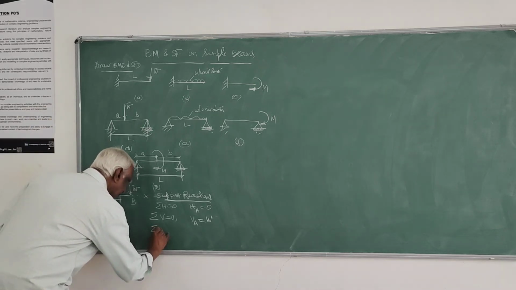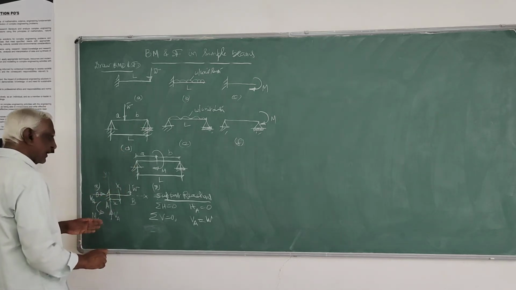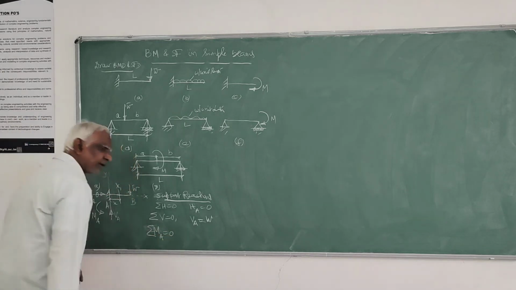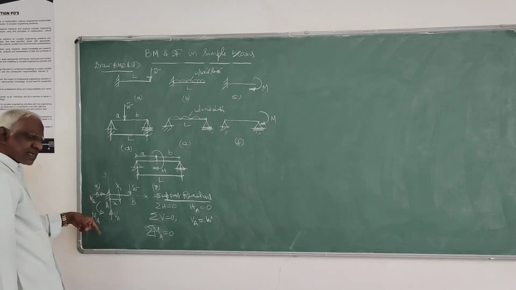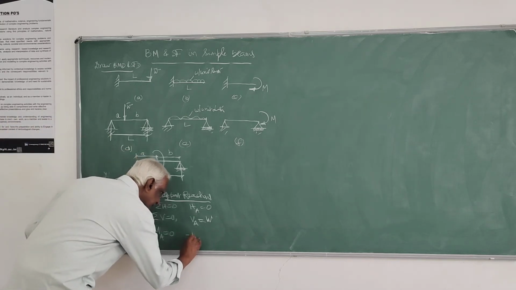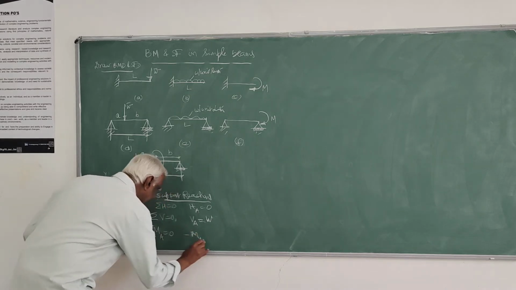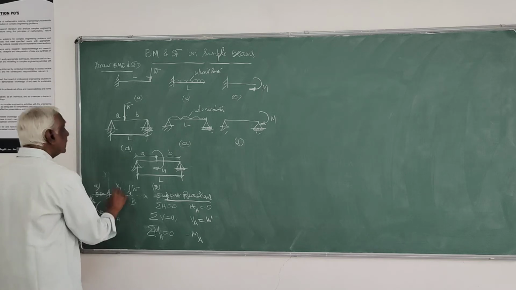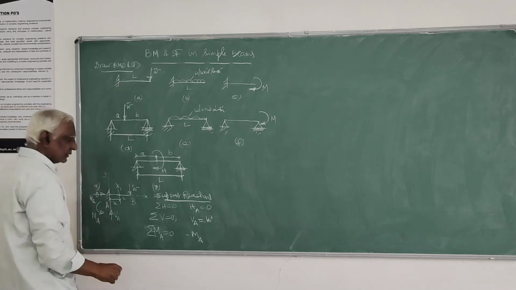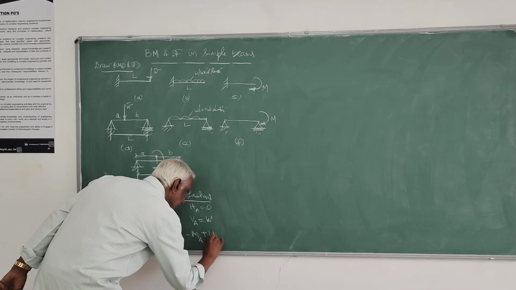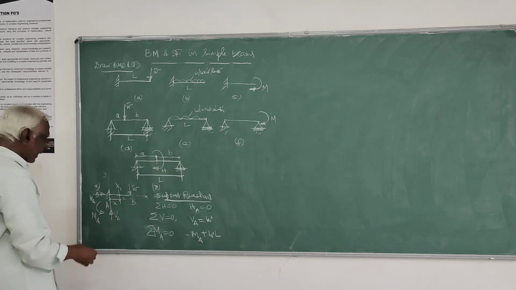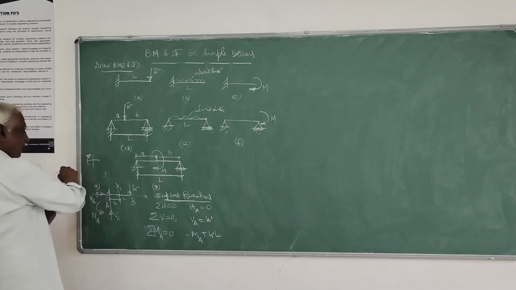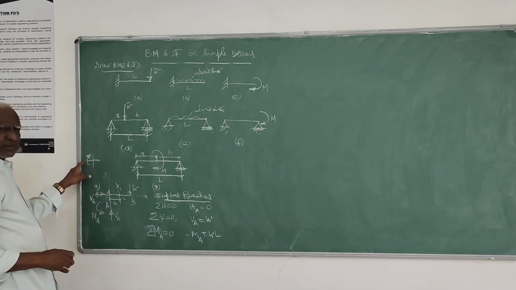Then if I apply sigma MA equals 0, this MA is anticlockwise, so negative, minus MA, and this is W into L, where the span is L. So W into L is clockwise, because as per our sign convention, if the moments are clockwise towards left, it is positive.